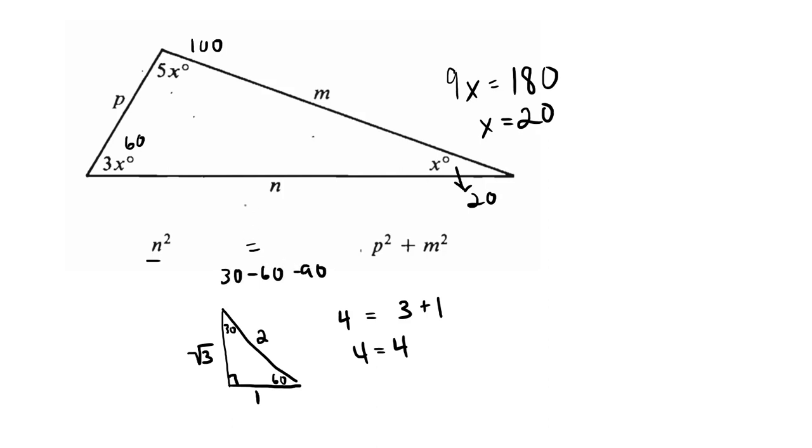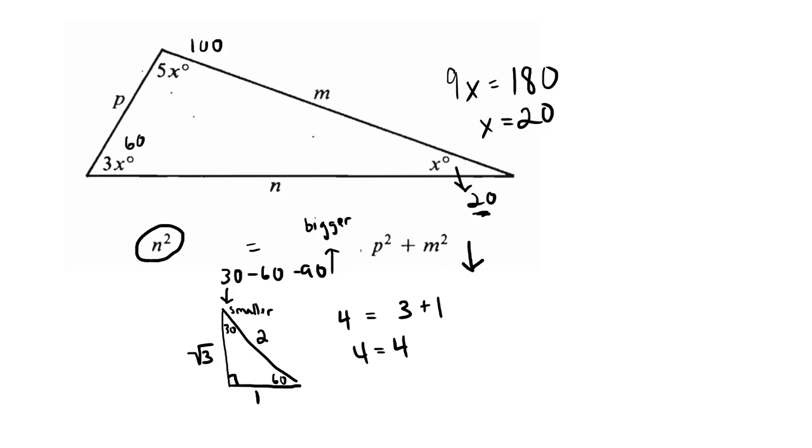The problem is I don't have a 30, 60, 90 triangle, do I? In fact, I have a 20, which makes this 30 smaller right there. That becomes smaller. And this is not 90, but it's 100, so it actually becomes bigger. So what happens is n squared becomes bigger, and then this goes down a little bit.